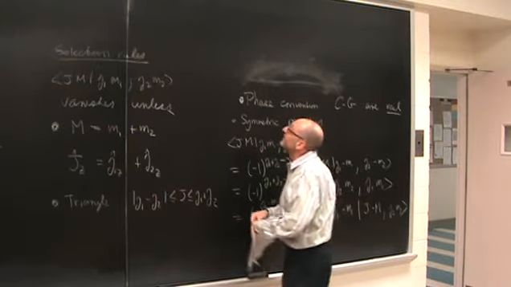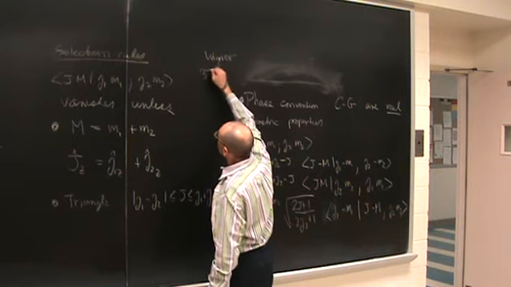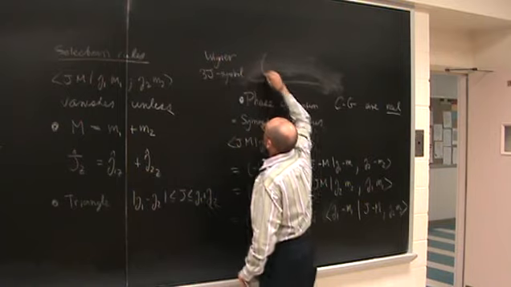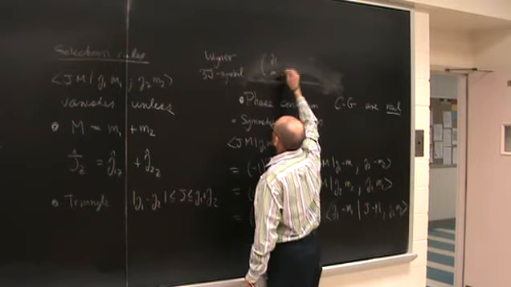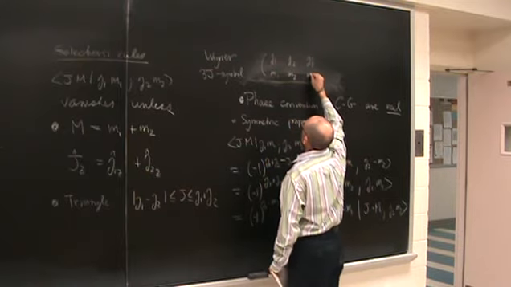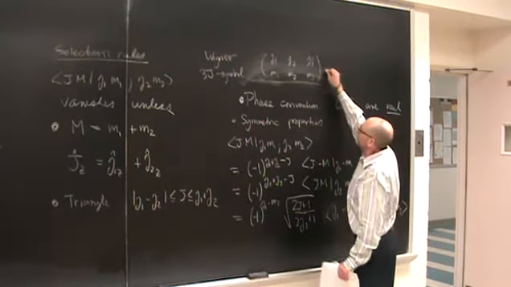So the Wigner 3J symbol is denoted J1, M1, J2, M2, J3, M3. This kind of array, and it's defined to be the following.